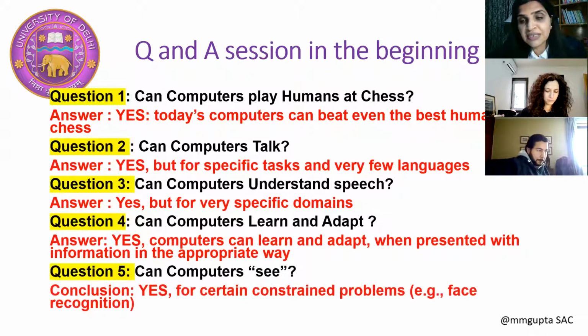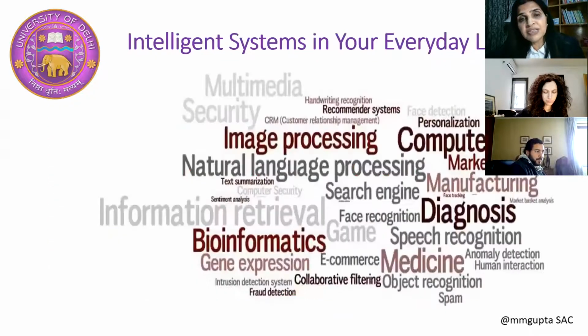Again, the same answer. So working with machines, we did get success in all these fortes, but work is in progress. We got success, but we have limitations. Like, can computers see? Of course, face recognition is working. So that was about artificial intelligence.